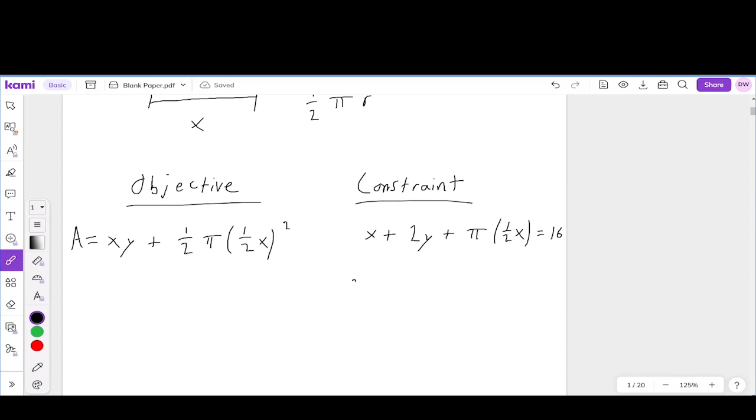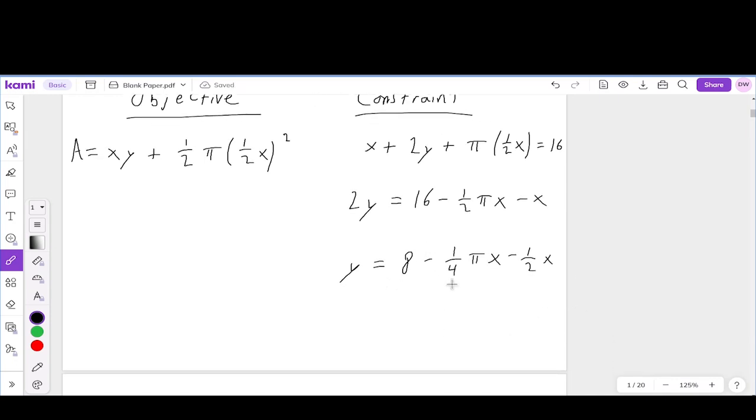First I will subtract x and 1/2 pi x from both sides. So 2y equals 16 minus 1/2 pi x minus x, and then just divide by 2. y equals 8 minus 1/4 pi x minus 1/2 x. There's a couple ways you can do that. Another way is putting the whole thing over 2, but I like distributing the 1/2.